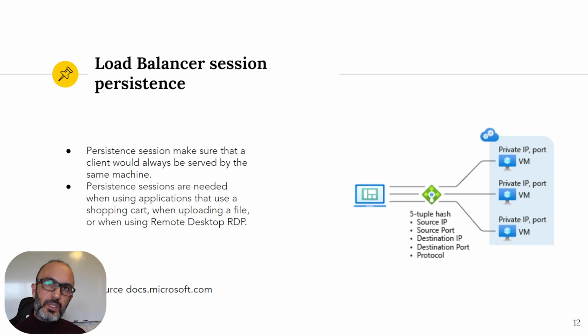Let's say the first traffic came from machine 1, so it will have a different source IP, a different source port, and so on. Based on the hash calculation, the traffic would be sent to virtual machine 1. If the traffic is coming from machine 2, the source IP would be different, the source port would be different, and then again using the hash calculation, traffic would be sent to virtual machine 2, and so on and so forth.